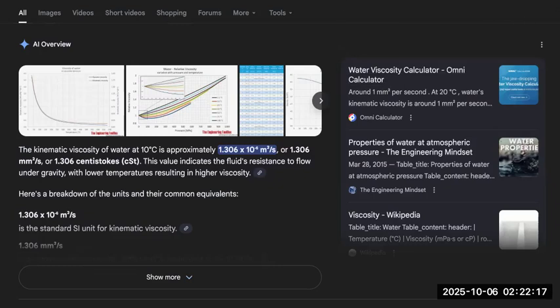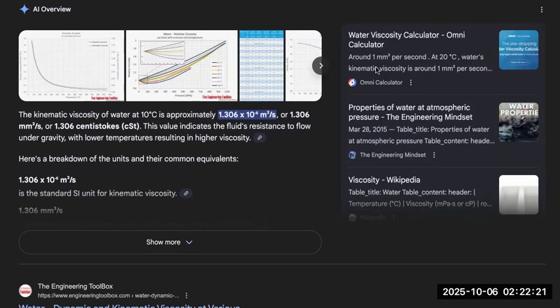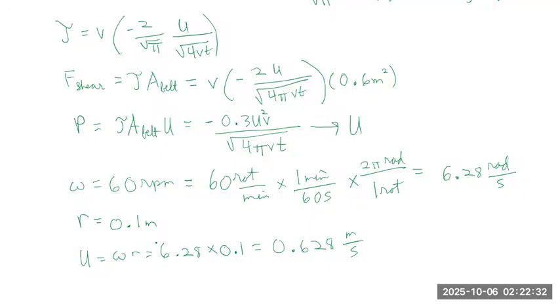So that is the value we're going to be using for the kinematic viscosity. So here we know that kinematic viscosity is equal to 1.306 times 10 to the negative 6 meters squared per second, I believe.